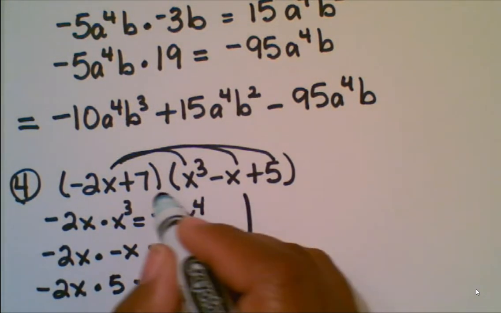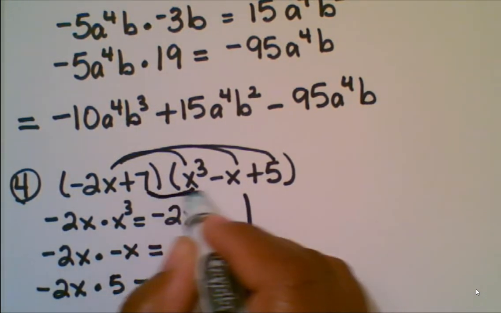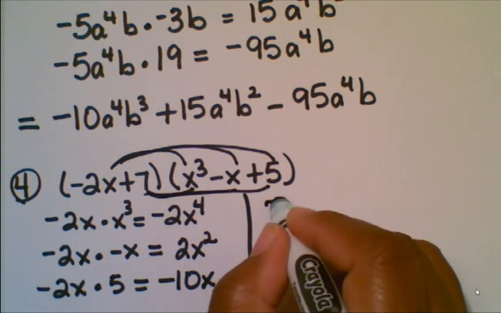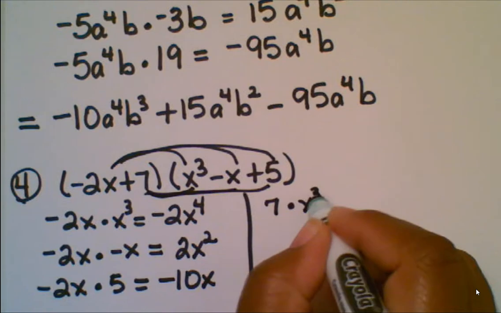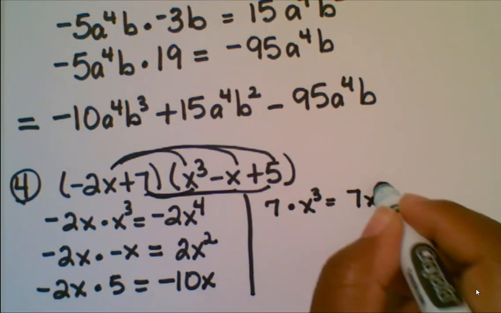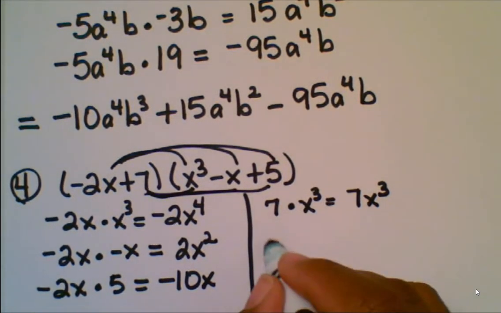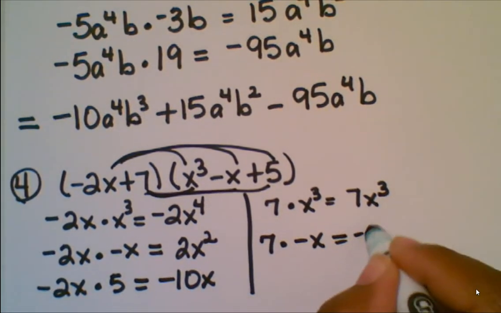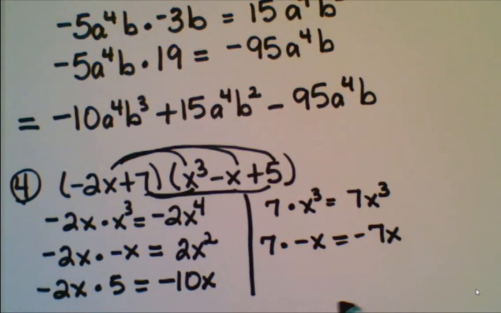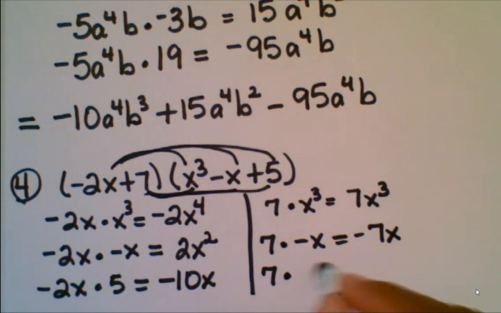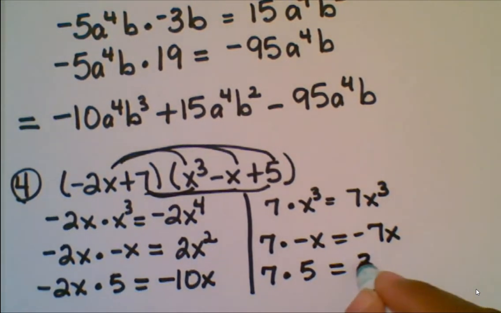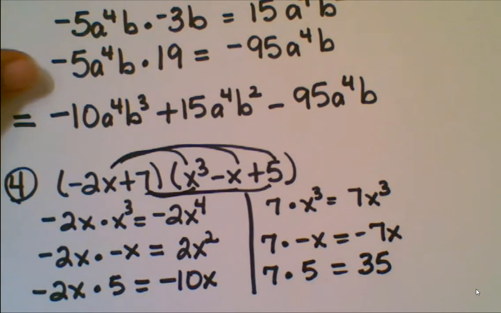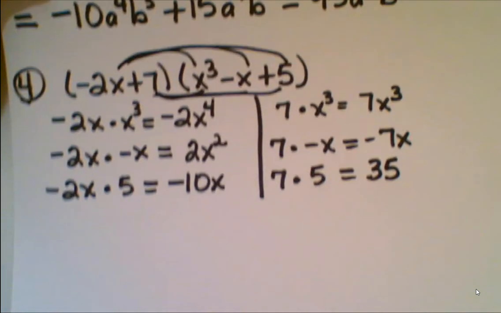Now let's take the 7 and we're going to distribute the 7 3 times. So we have 7 times x cubed, that's 7x cubed. We're going to take the 7, multiply it to the negative x, that's negative 7x. And then we're going to take the 7 and multiply it to the 5. We have positive 35.